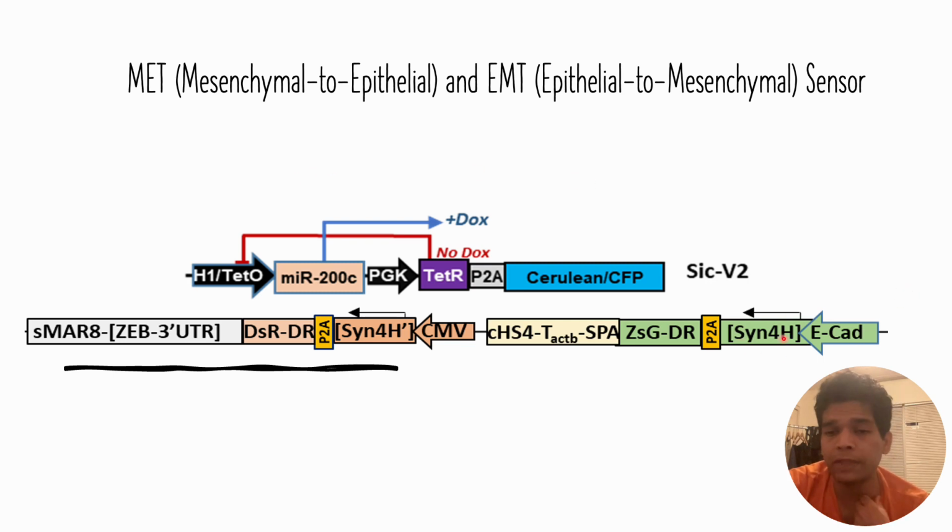And also Syn4H will get translated from this side, and Syn4H is the reporter for intracellular glycomics profiling, as there are 3 to 4 N-glycan sites and also O-glycan sites that can be used to identify whether there is a change in the glycomics profile, by analyzing the glycans attached to the Syn4H glycan sites.